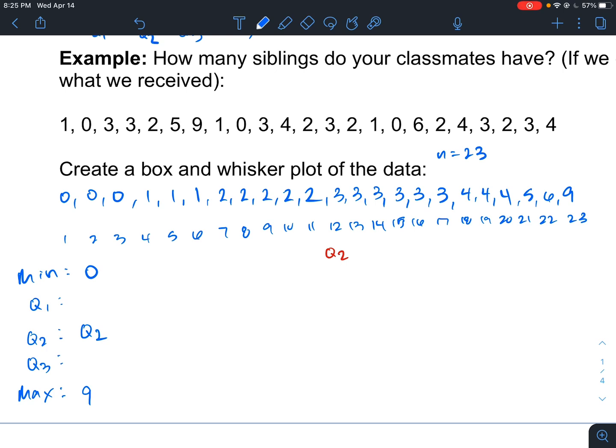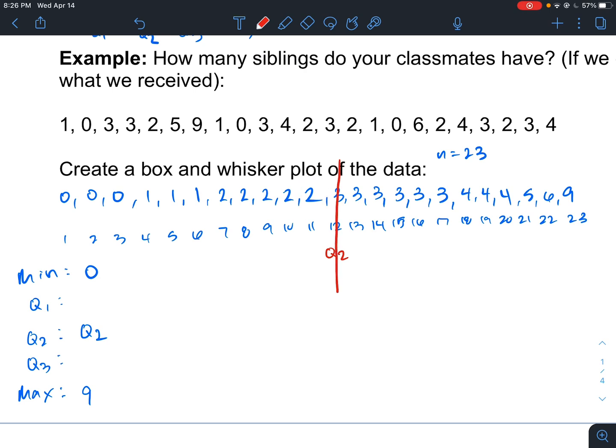Now, Q1 is the median for the lower half of the data set, okay? The lower half of the data set. So what I do here, now because it's an odd number, so 23 is an odd number, I am actually not going to include the median. So whenever I find the middle number here, I'm starting here.